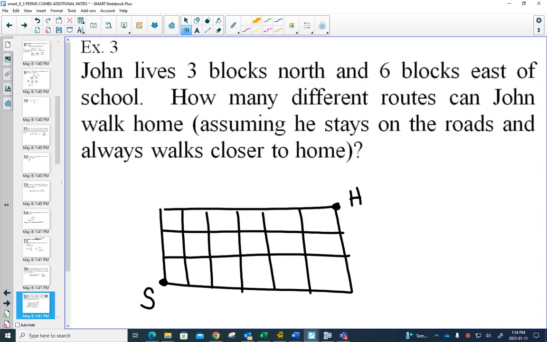So one way that he could get from school to home would be this path right there. I'll do it in green. That path in green could be represented as going north, north, north, then east, east, east, east, east, east, as an example.